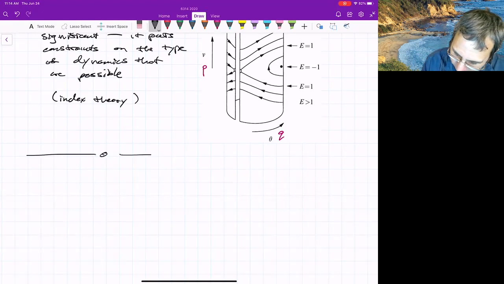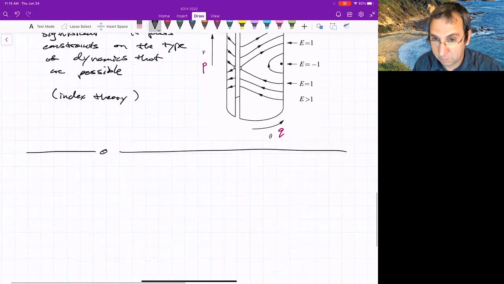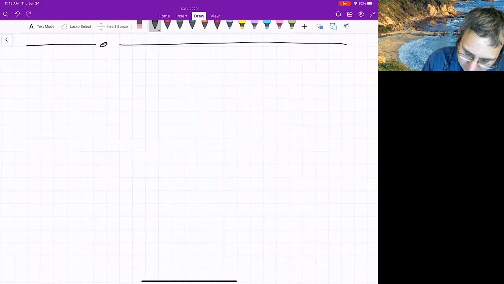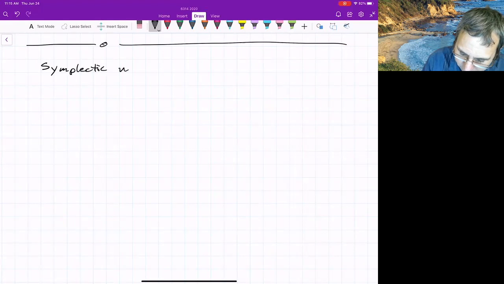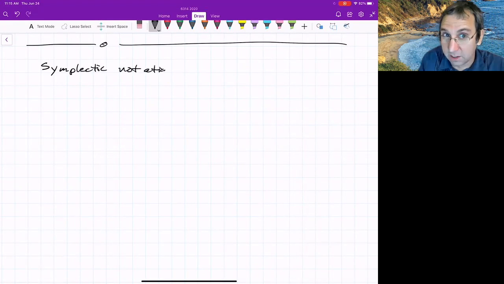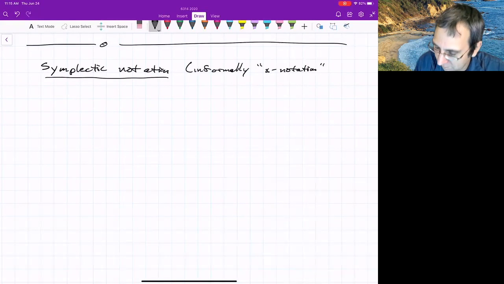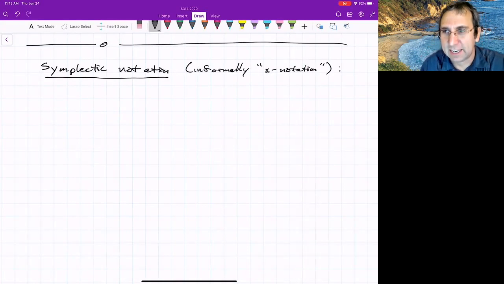This is the X notation from last time where I talked about the Q matrix. I kind of informally call it the X notation, but other people call it the symplectic notation, just because I use the symbol X. And the nice thing about it is it emphasizes the equality of the Q's and P's.